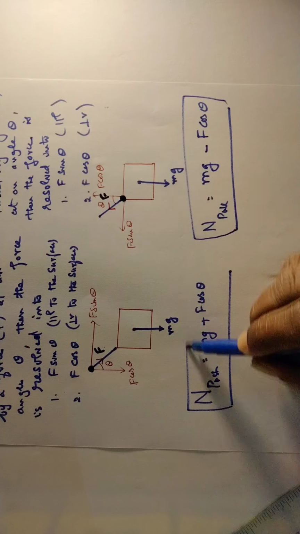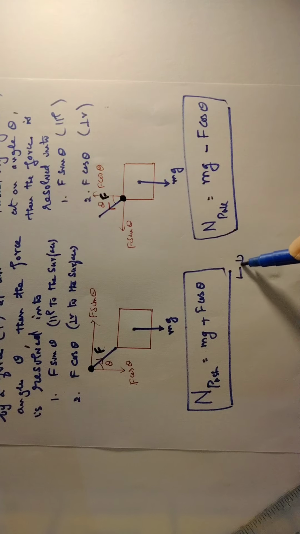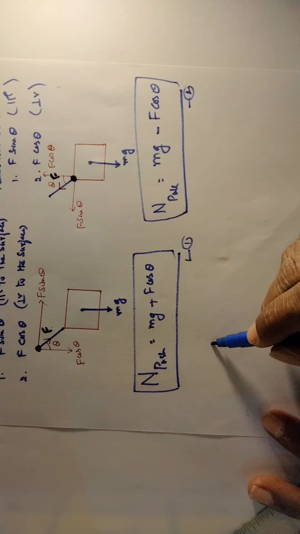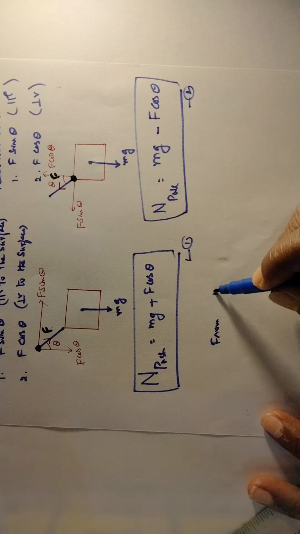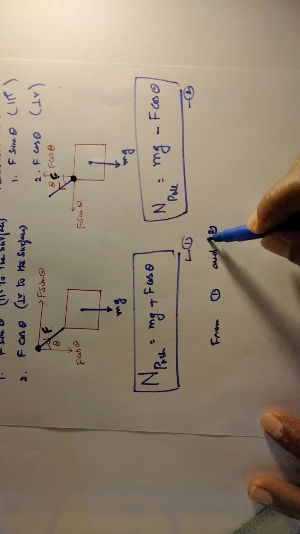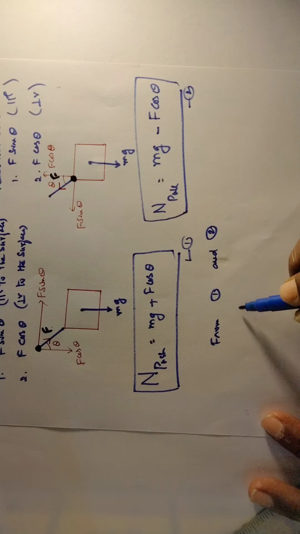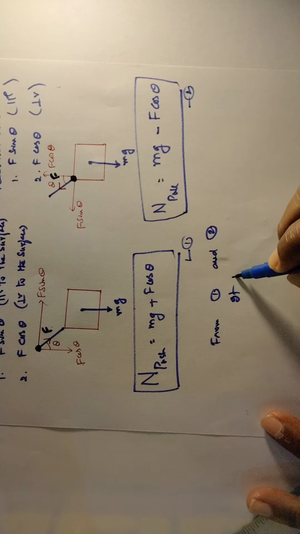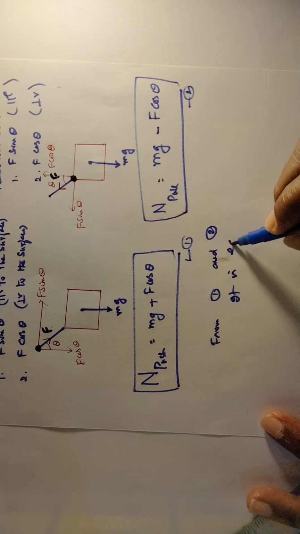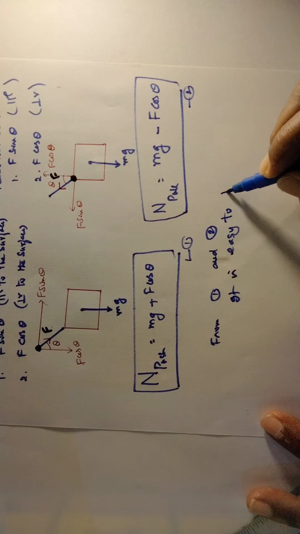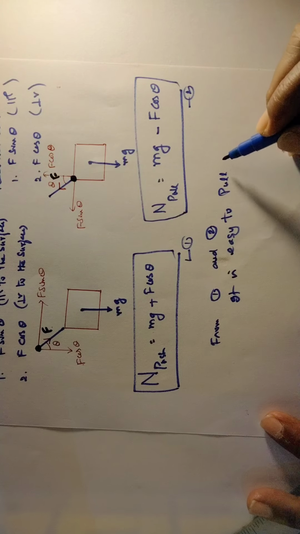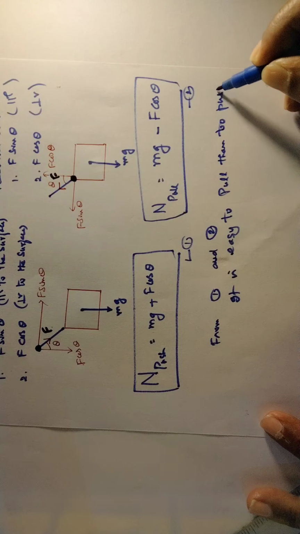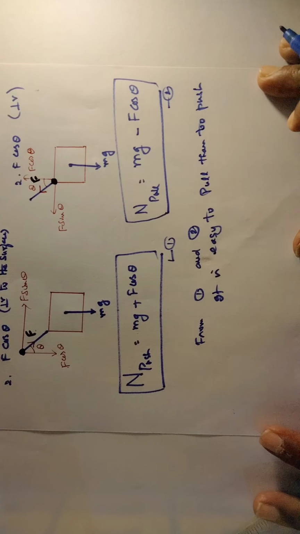When compared to these two equations, I will label this as number 1, this as number 2. From 1 and 2, we can say it is easy to pull than to push. Now I will draw the free body diagram.